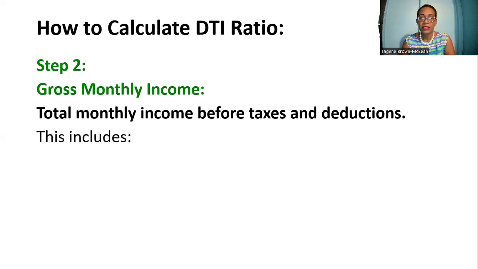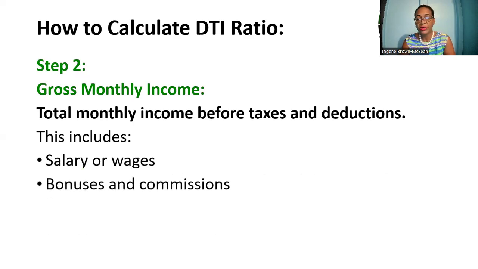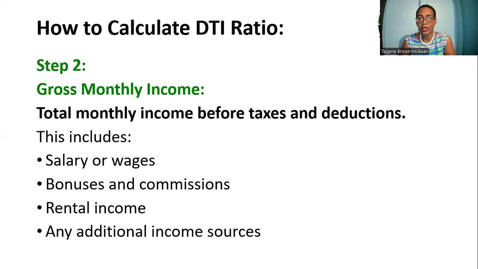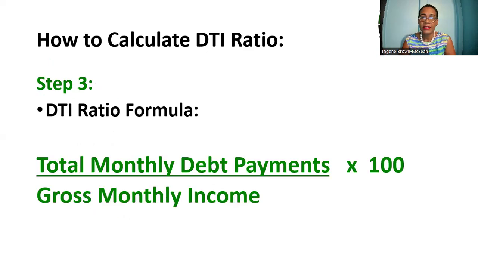This includes your salary, your bonuses, your commission, if you have rental income, if you have any other source of income, a side hustle, as people call it nowadays. All of that in one grand total. And this is how we're going to do the calculation. Some of you might be asking, what's the relevance of this? We're getting to that.